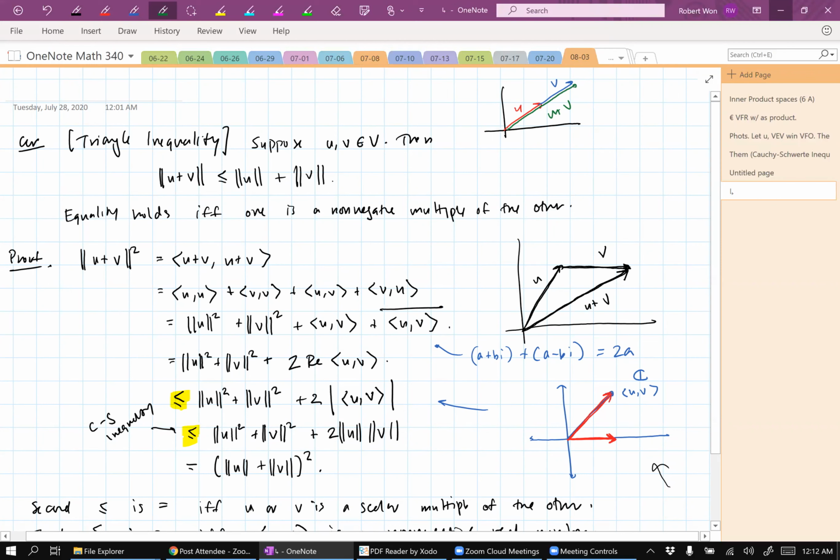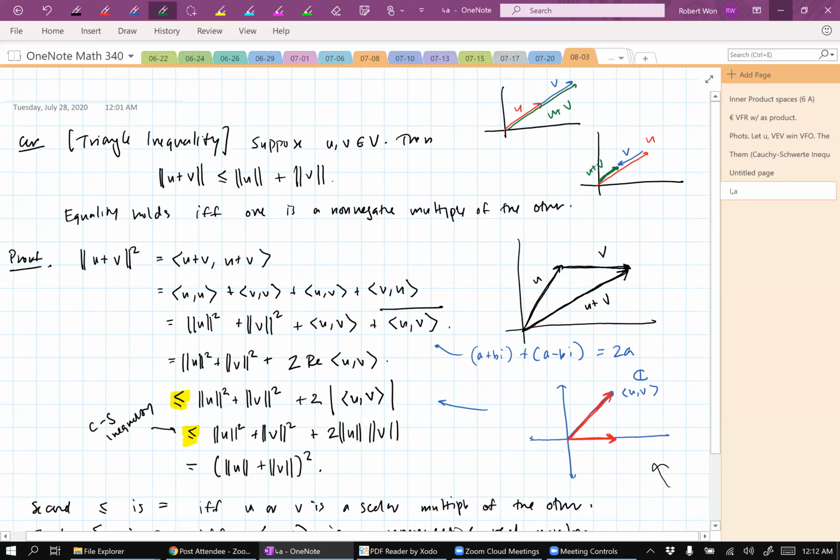Okay, but again, in this picture, v is pointing even in a positive scalar multiple of u. If you had the situation where this was u and this was v, then u plus v would be this vector. Okay, I know these don't look parallel. Right, this would be u plus v.